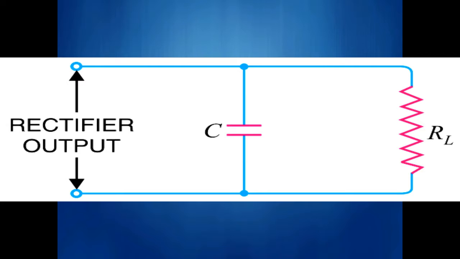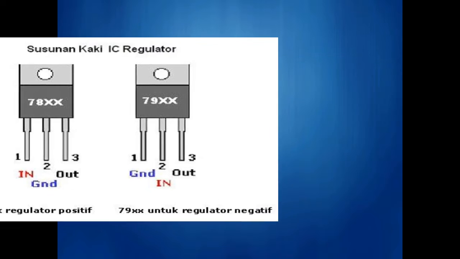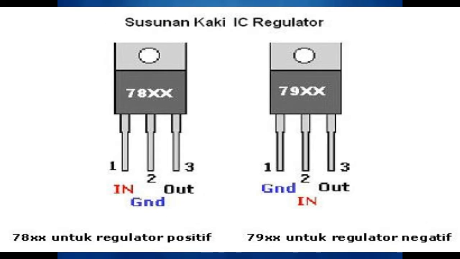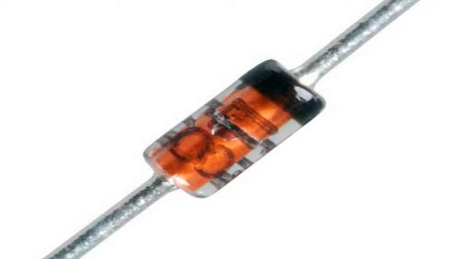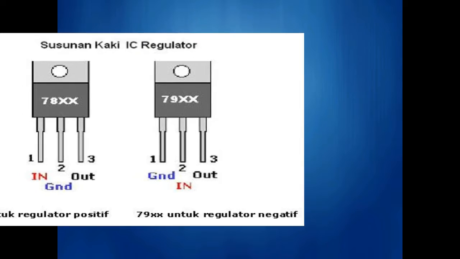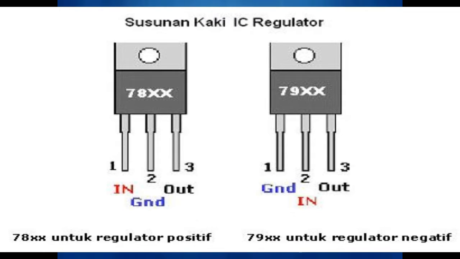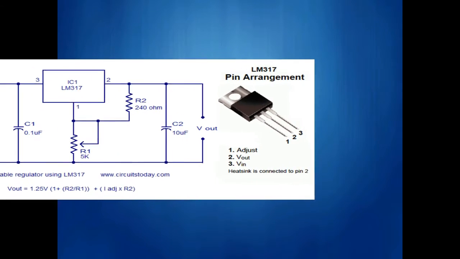So at the output of a rectifier filter combination, a voltage regulator is required to provide a constant DC voltage. A voltage regulator may be constructed from a Zener diode, discrete transistors, or an integrated circuit. There are lots of ICs, like the 7905, which is a constant 5 volt regulator.